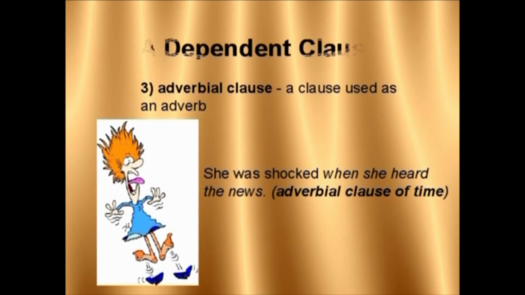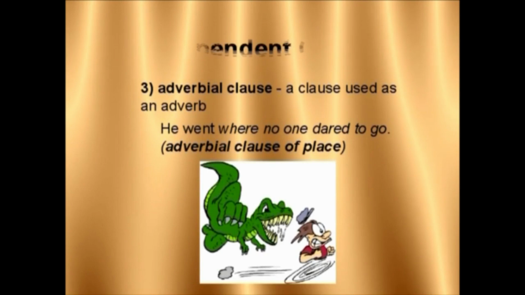3. Adverbial clause, a clause used as an adverb. Examples of an adverbial clause are "when she heard the news" in the sentence, She was shocked when she heard the news. Adverbial clause of time. "Where no one dared to go" in the sentence, He went where no one dared to go.